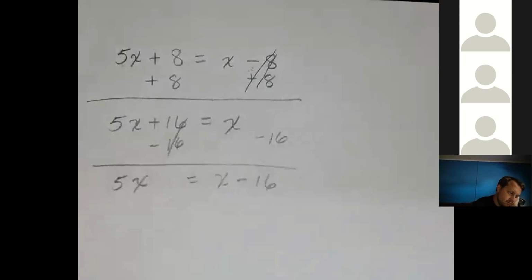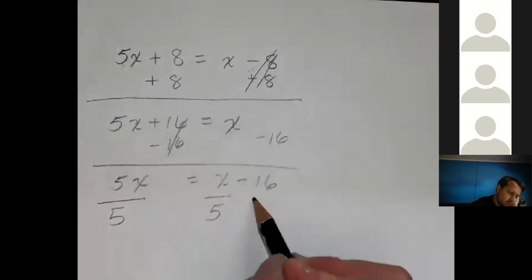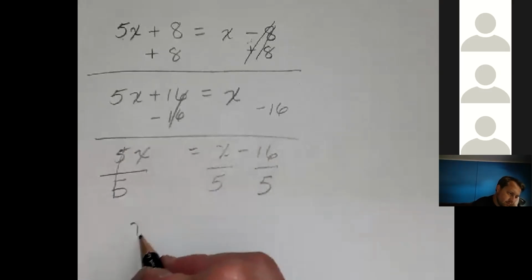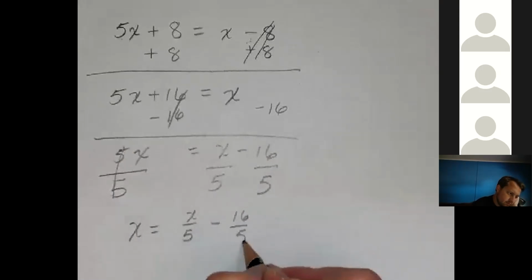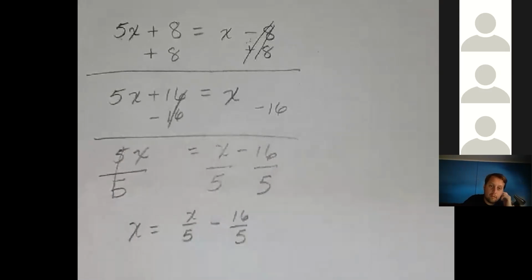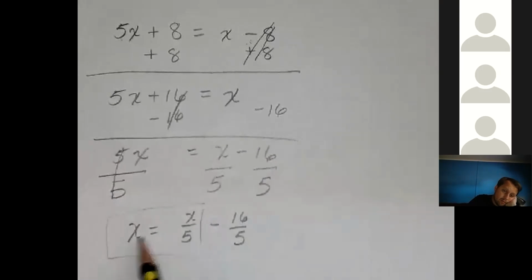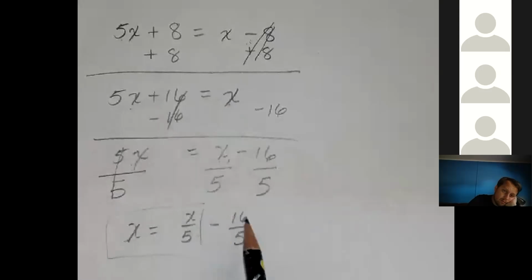Now I divide by 5. You have to divide the thing by 5. So each time we keep having x on both sides of the equation, no matter what we do.